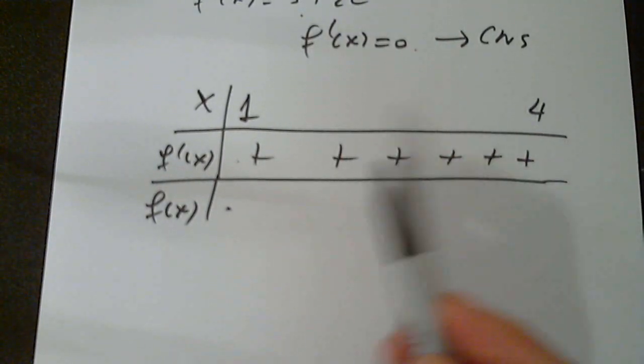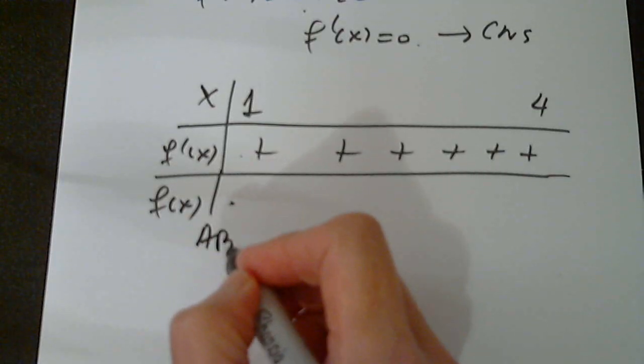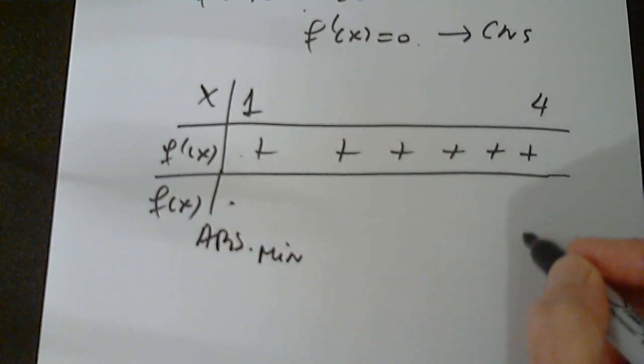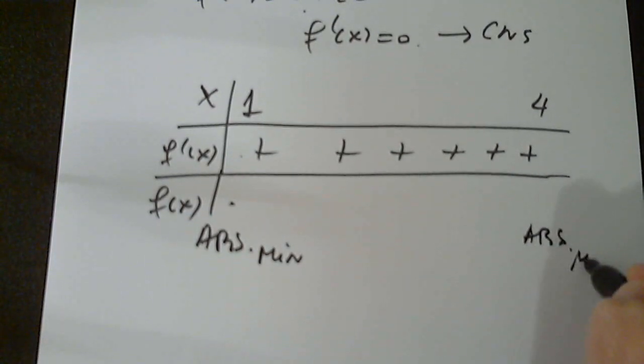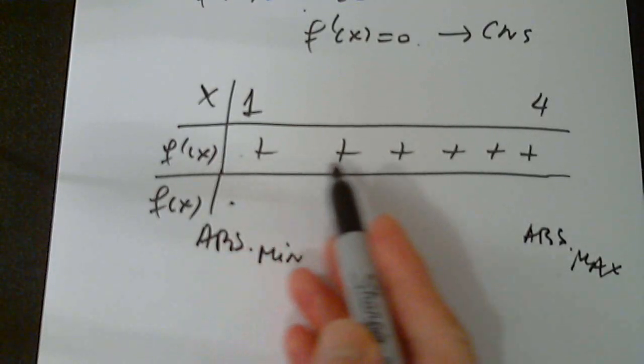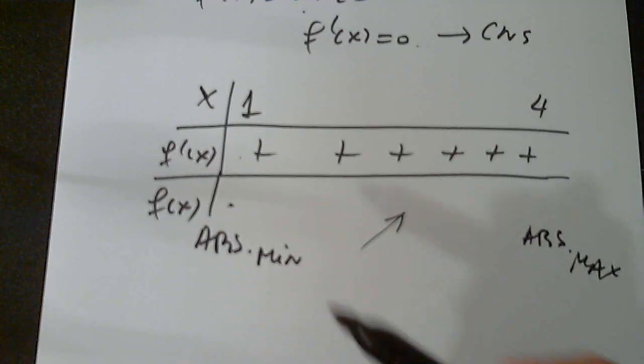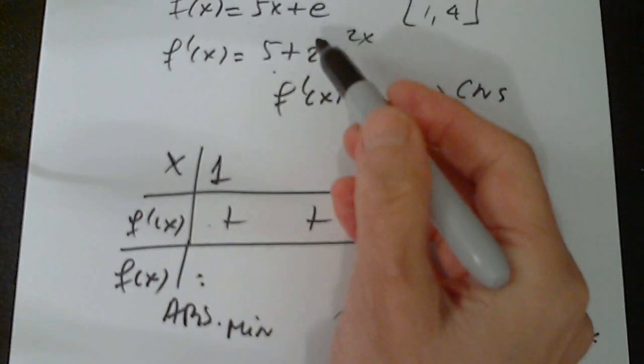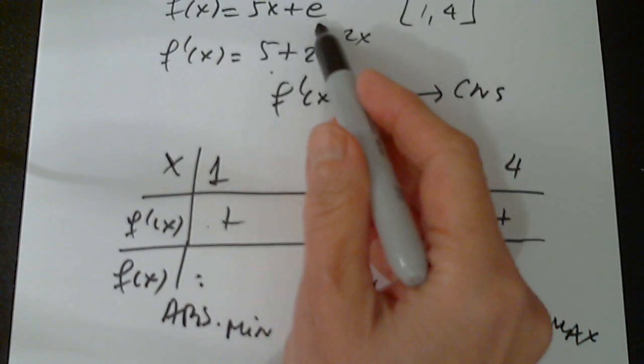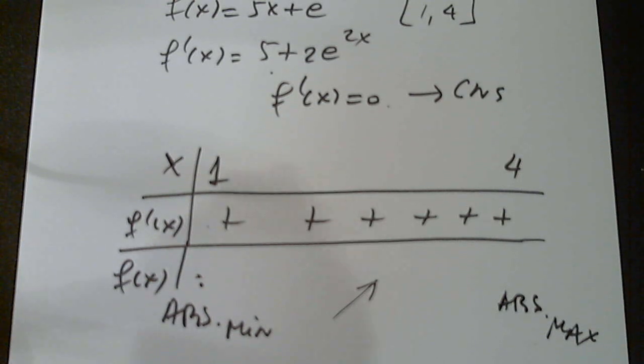So because of that, this will be the absolute minimum, and this will be the absolute maximum. If the derivative is always positive, the function is always increasing. At this end, it will be a minimum. So 5 plus e squared, I can determine it right away by putting in the calculator.